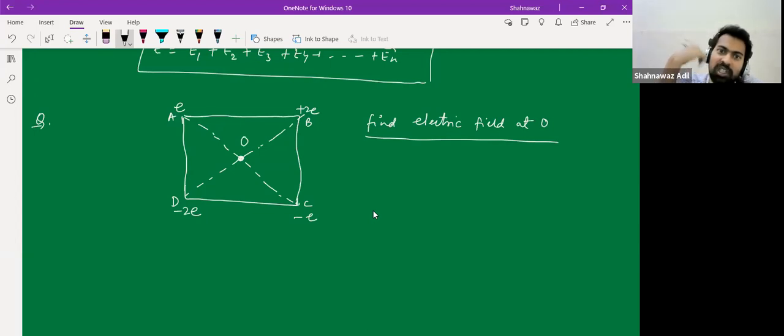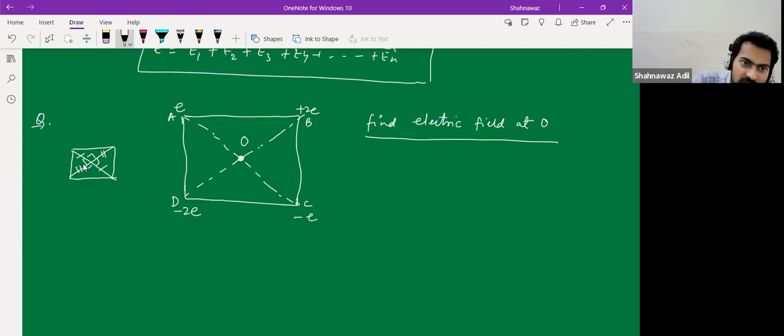No worries. So these are the diagonals of the square, and they bisect perpendicularly. So they are perpendicular and they bisect each other, right? And the diagonals are also equal.